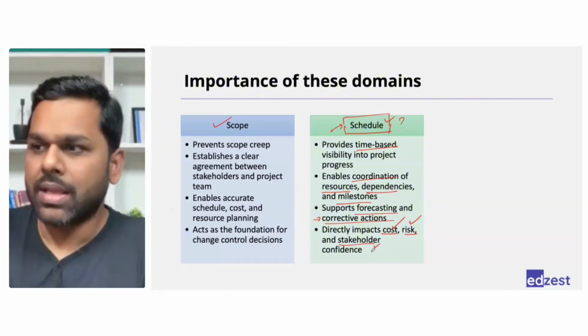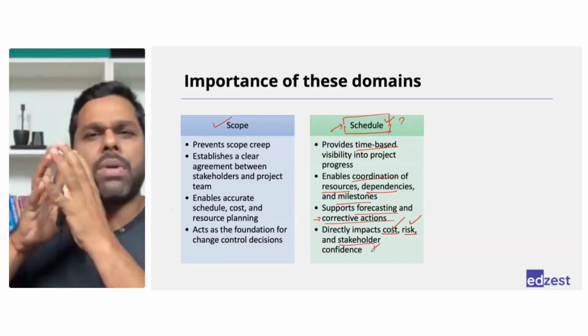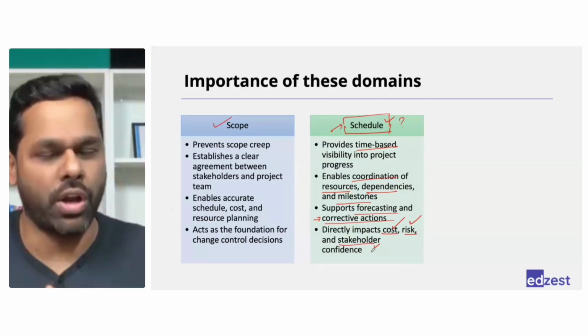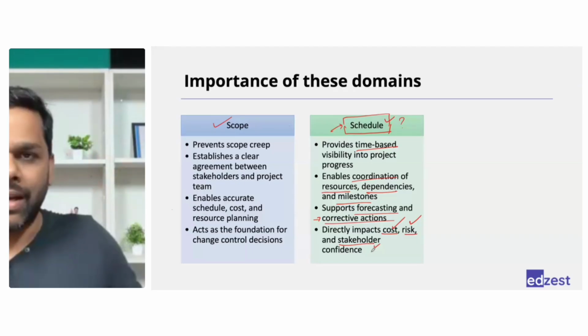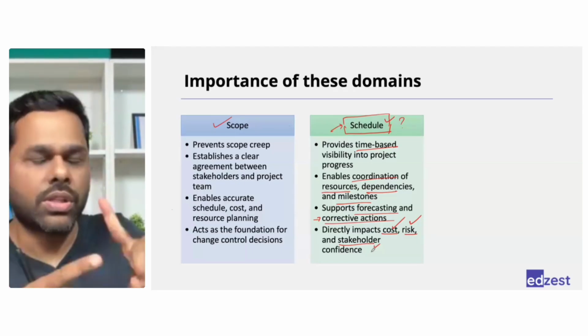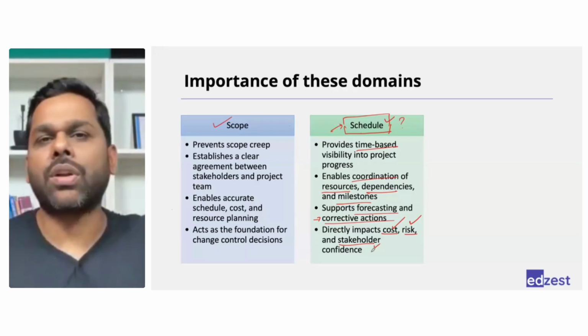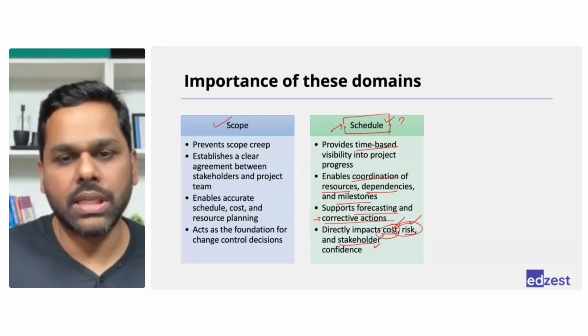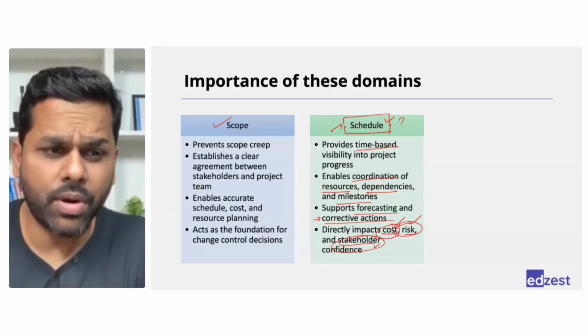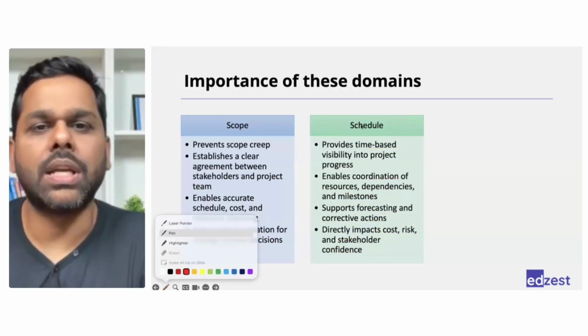That's why you will see that even if it is a very immature way of managing projects, people would have some or the other schedule for sure. They might not create it in detail, but they will talk about schedule because schedule has direct impact on cost, risk, and stakeholders' confidence. Hence, it is very, very important that we manage schedule better.